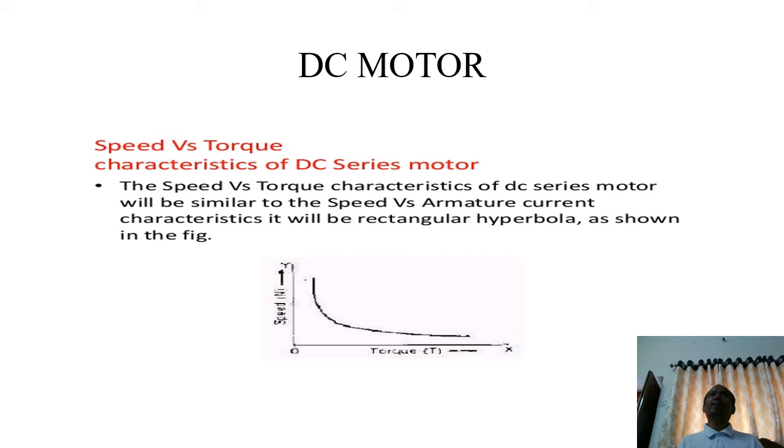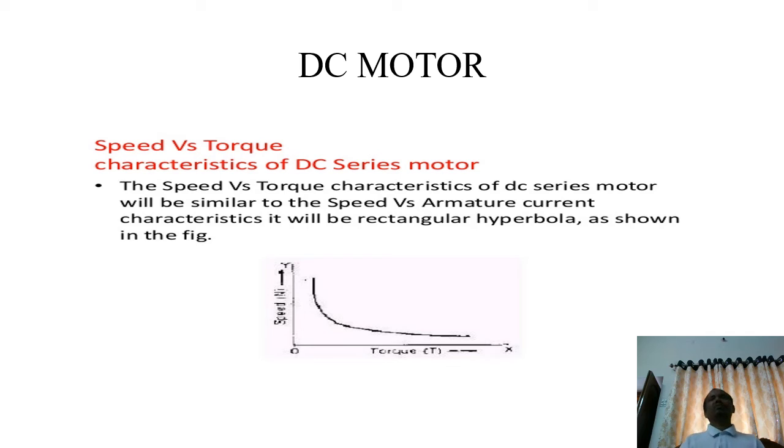When the supply voltage is constant, flux phi is also constant. Therefore, torque is directly proportional to phi Ia, and phi is constant, so only Ia needs to be considered. Torque T is directly proportional to Ia. The torque versus armature current curve is a straight line passing through the origin.